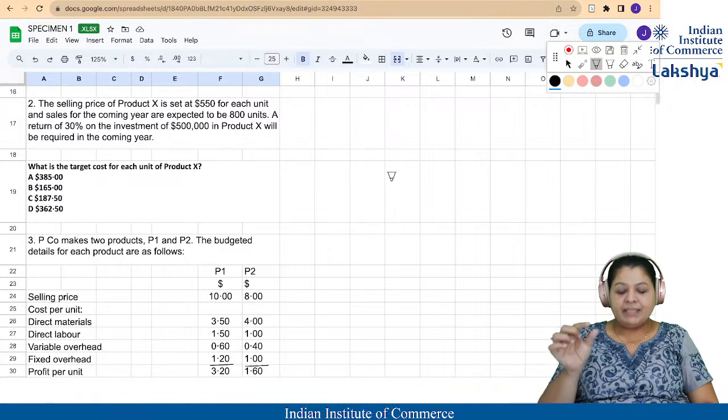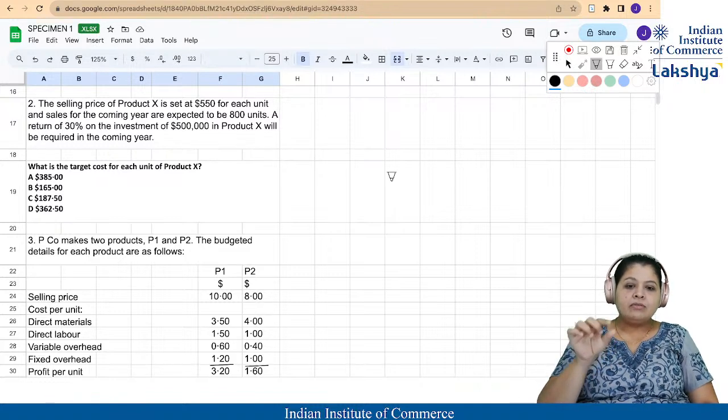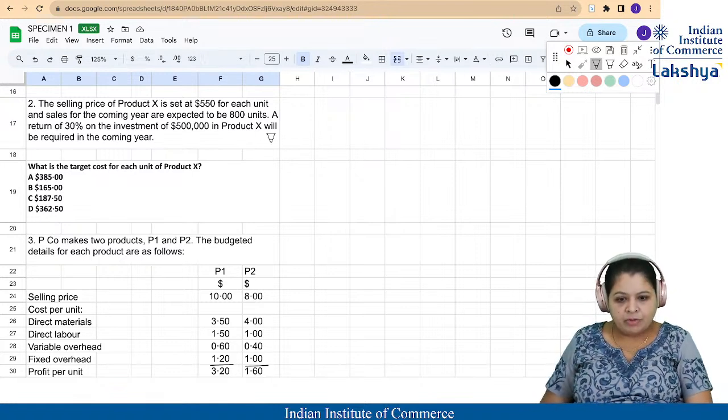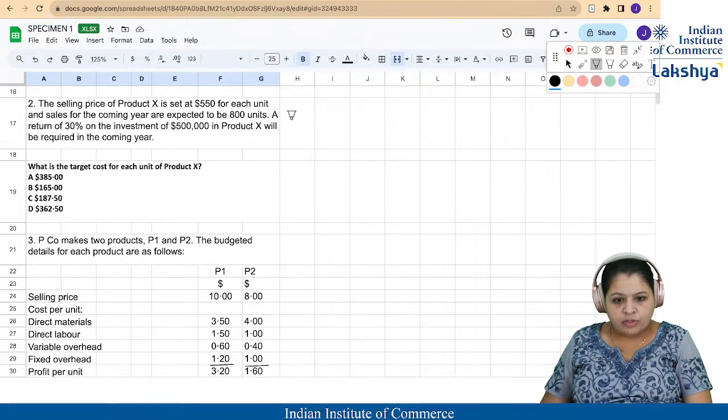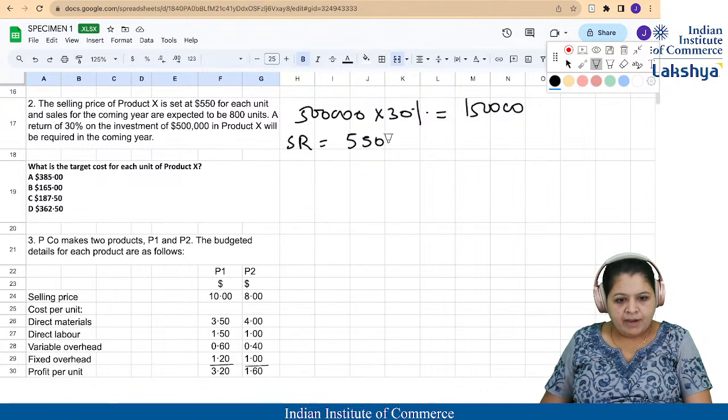So your expected profit is given, your product selling price is given, your number of units are given. How do you deal with this? What are you going to do? First of all, find out what is your return on investment. 5 lakhs 30%, which gives you your 1,50,000. Then you find out your sales revenue. Your sales revenue is going to be 550 into 800, which comes to 4,40,000.